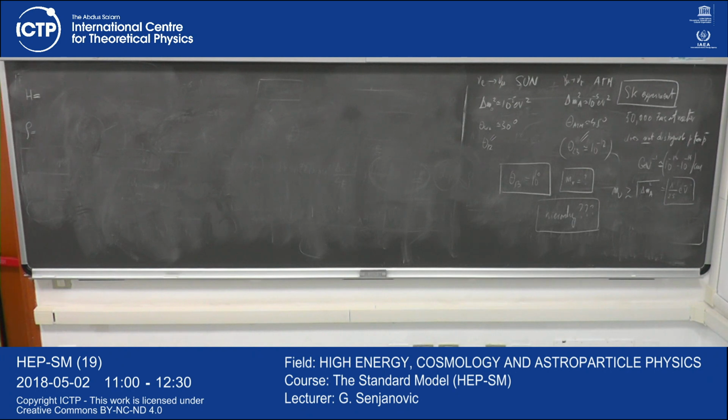When the universe is very hot, how does the energy density go? T to the fourth. That's the Stefan-Boltzmann law, right? That's the only scale. H squared basically goes as rho. There is G Newton there. So H goes as T squared over M Planck. So I know the expansion of the universe when it's hot.